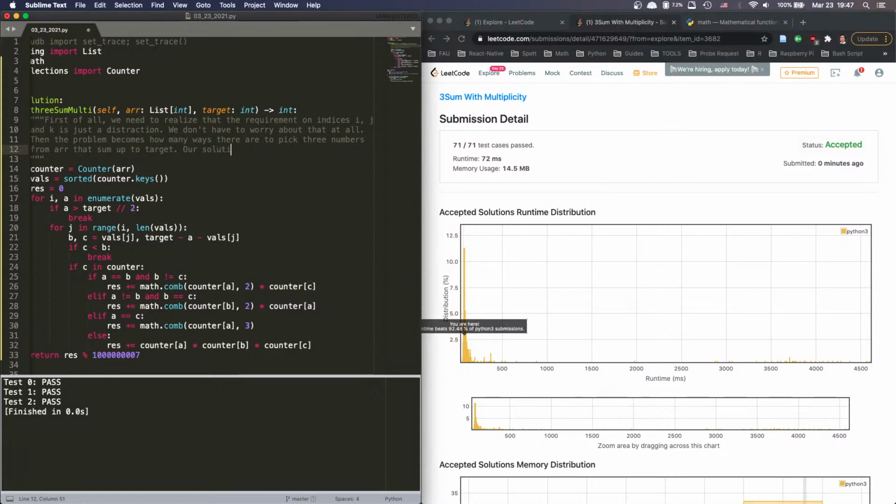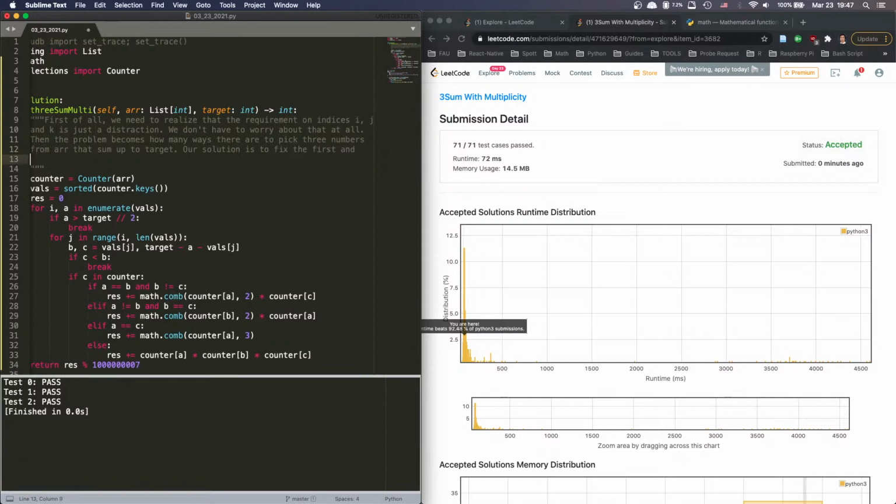Our solution is to fix the first and second values, and examine whether a third value can be found in the array.